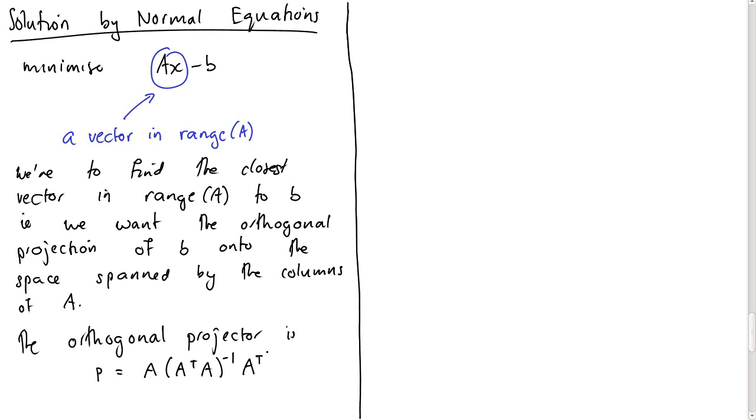So what does that mean? That means P times B will give me the vector I want. Or A transpose A inverse A transpose B equals AX.